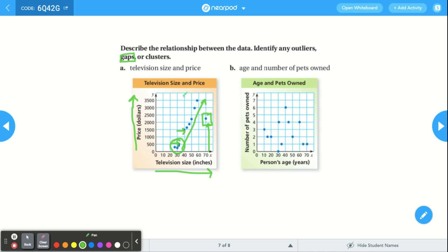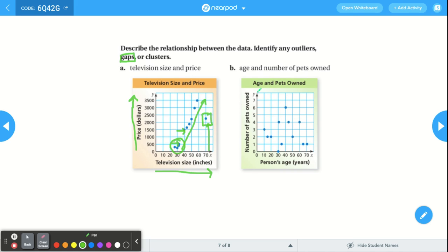All right, let's jump and do the same thing for B. So they're comparing the age and the number of pets that the person owns. Looking at this information, it looks like there really isn't a straight line going up, so there's no positive relationship.